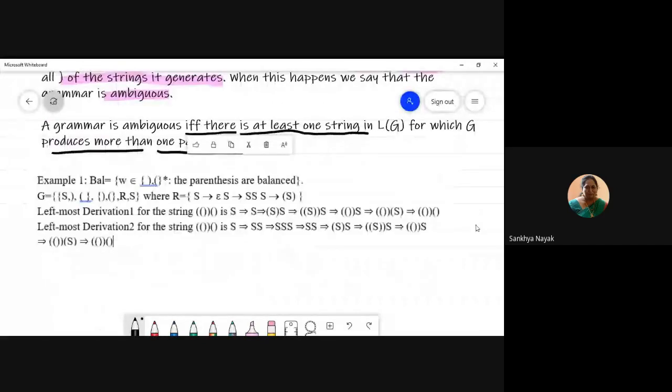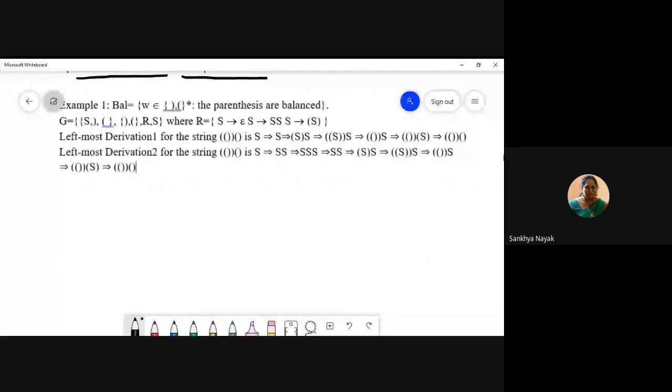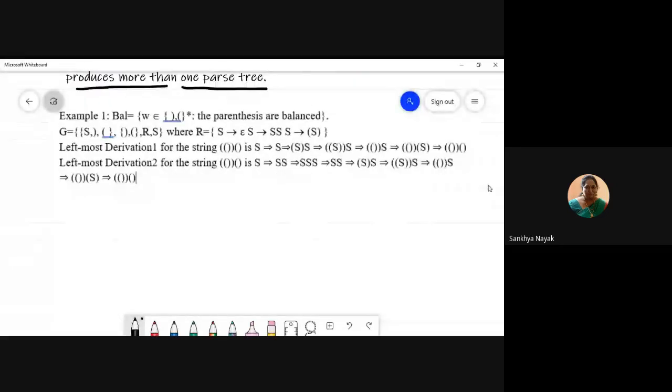Now let us see one example. Here we have one example grammar, and you can see that for a string like this, they have taken a string which I have to generate, this one. Can you see, you can generate the same thing using two leftmost derivations. The first one is choosing this first, and the second one is by choosing this first. We can choose any one because all three start with S, the starting symbol.